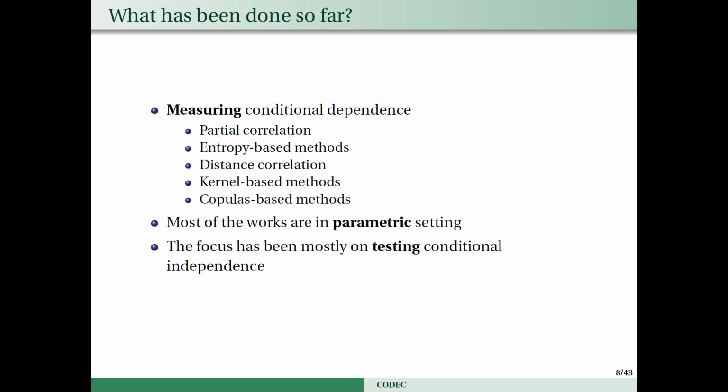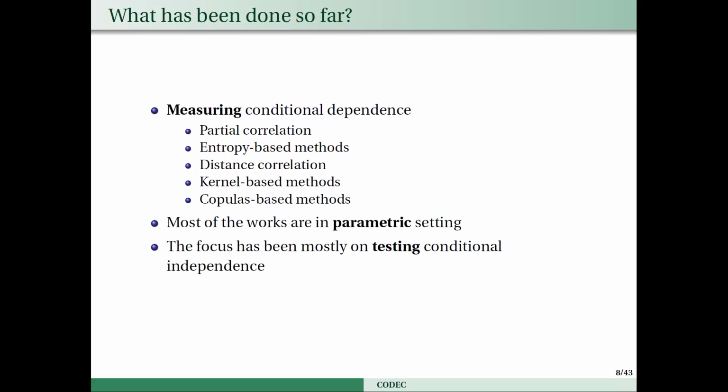And measuring conditional dependence has been addressed in the literature, starting from maybe the simplest idea of partial correlation, methods that use entropy-based methods, distance correlation, and then later people realized that actually distance correlation is a special member of the bigger family of kernel-based methods, and then we have another area using copulas.